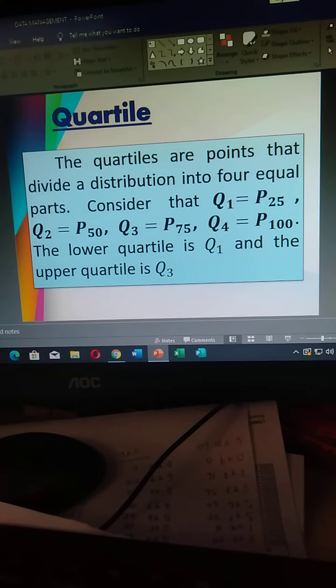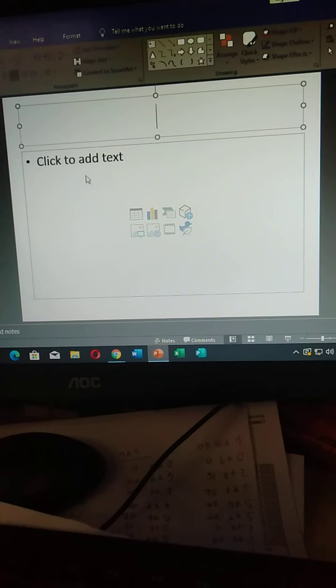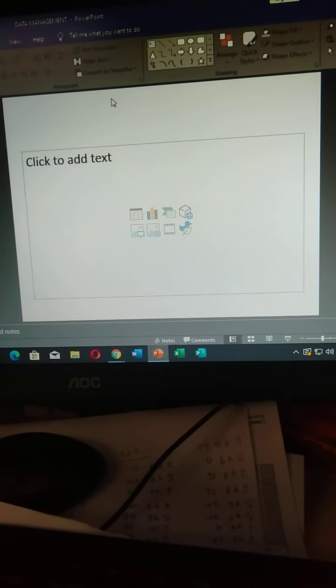Okay, sige. Gawa tayo ng another. Ito yung magiging table natin na gagamitin. Wait lang, i-enter lang natin. Quartile.